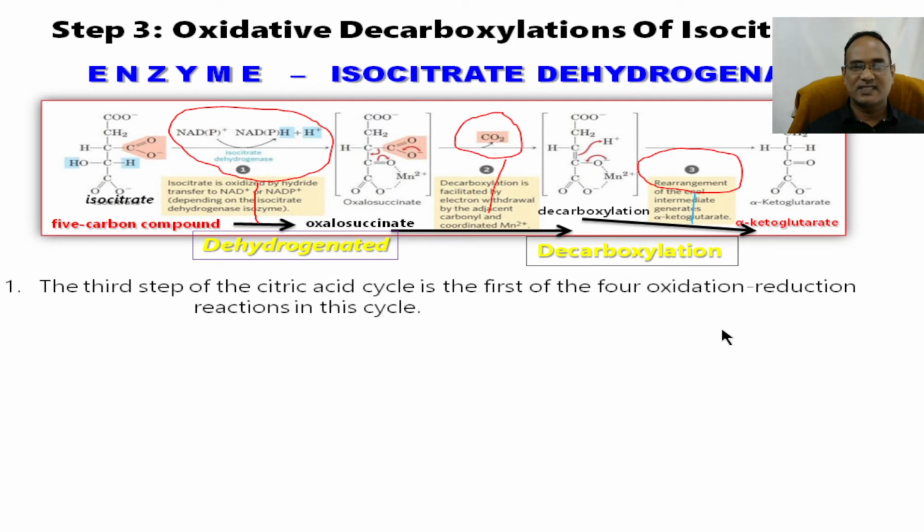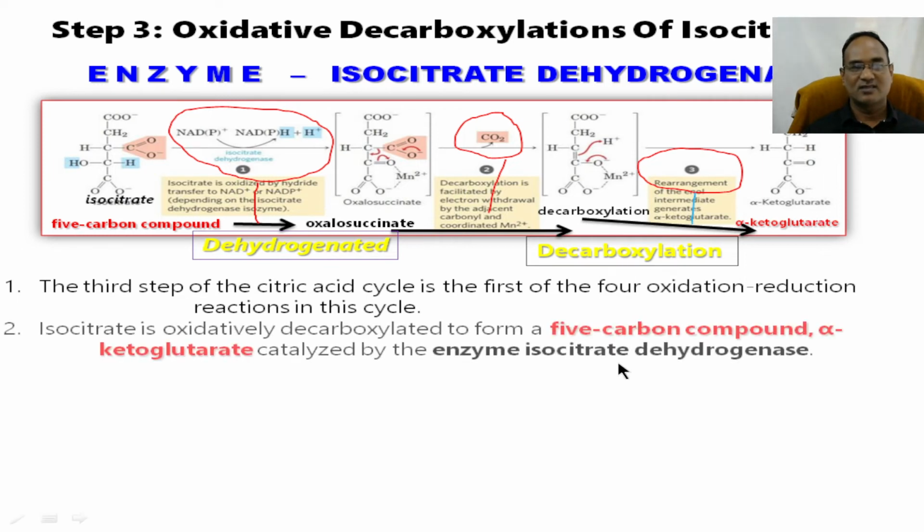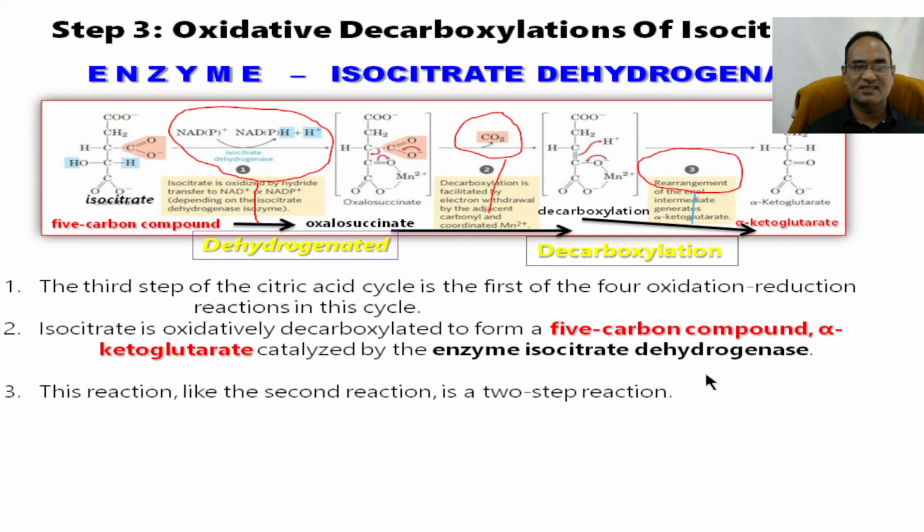The third step of the citric acid cycle is the first of the oxidation reductions. The 6 carbon molecule becomes a 5 carbon molecule, ketoglutarate. Isocitrate is oxidatively decarboxylated into the 5 carbon compound ketoglutarate, catalyzed by isocitrate dehydrogenase, and this is a two-step reaction.